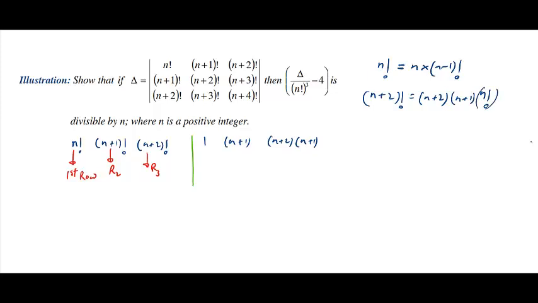So once we take this n factorial common, we are left with n plus 2, n plus 1. Similarly, the second row becomes 1, n plus 2, n plus 3. The third row, after taking n plus 2 factorial common, becomes 1, n plus 3, n plus 4, n plus 3. So we get this, right?